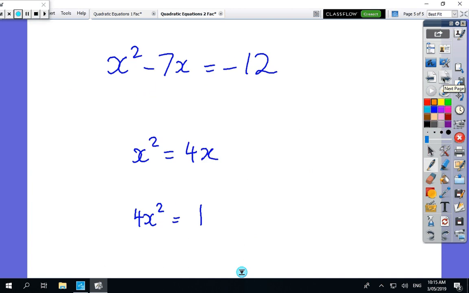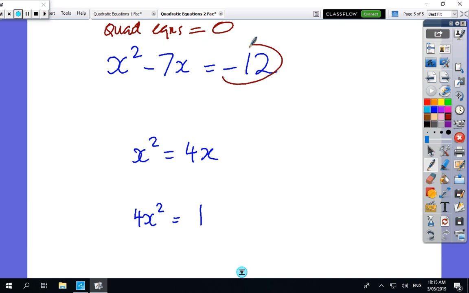Okay, so this is just to show you what happens when you don't have zeros. We've got x squared minus 7x equals minus 12, x squared equals 4x, 4x squared equals 1. You can't solve these, as quadratic equations must equal 0. So all you have to do is rearrange it before you factorise.